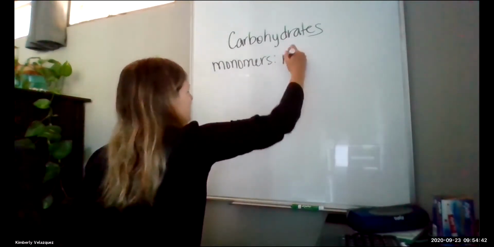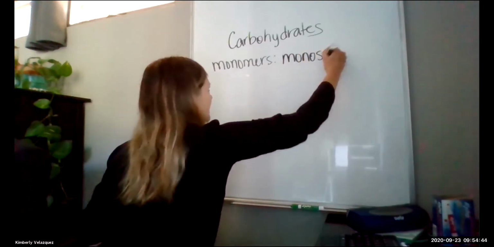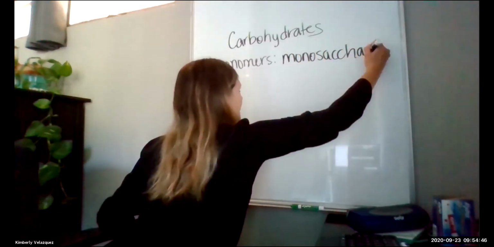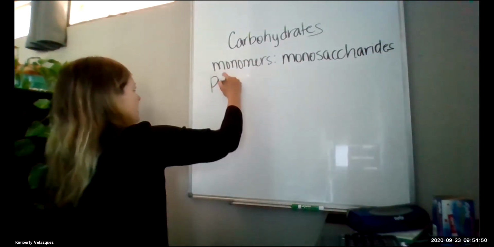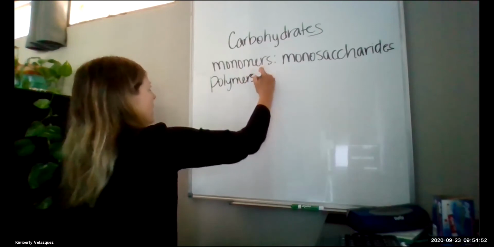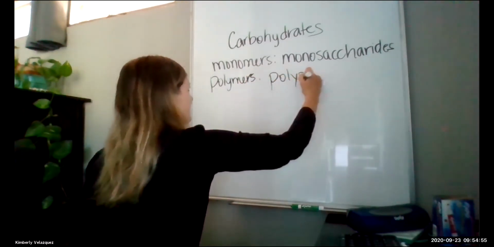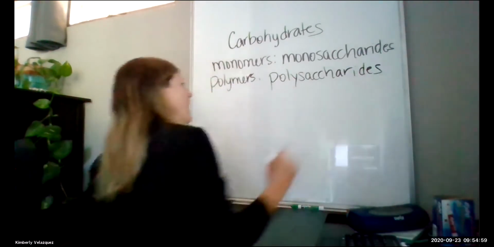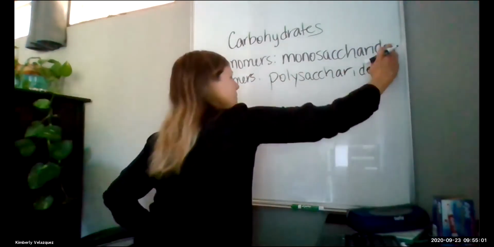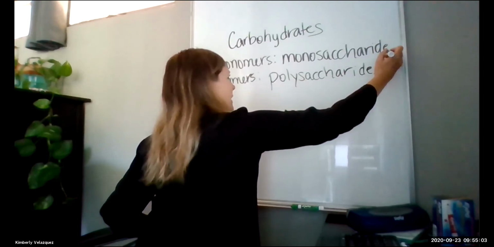The monomers are called monosaccharides. And the polymers are called polysaccharides. And in the lecture video, you have examples of monosaccharides and polysaccharides that you need to know about.